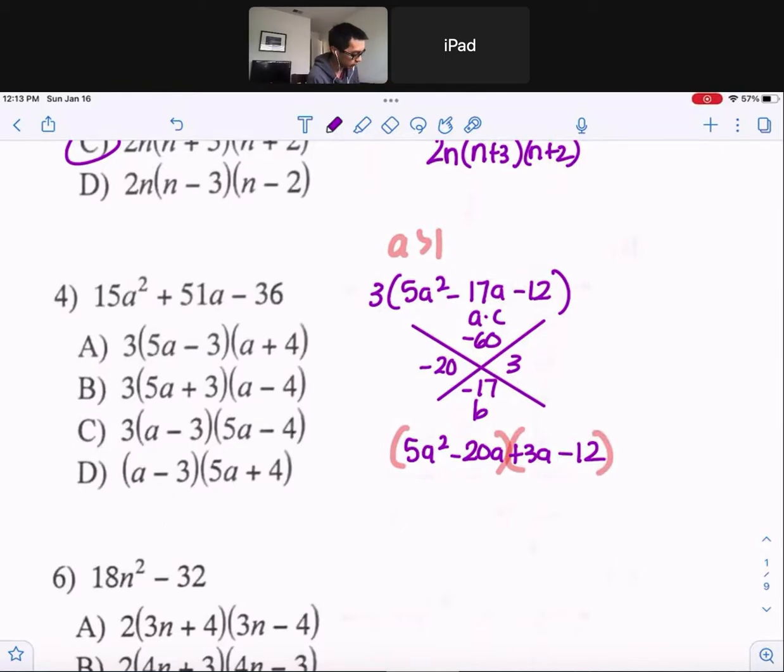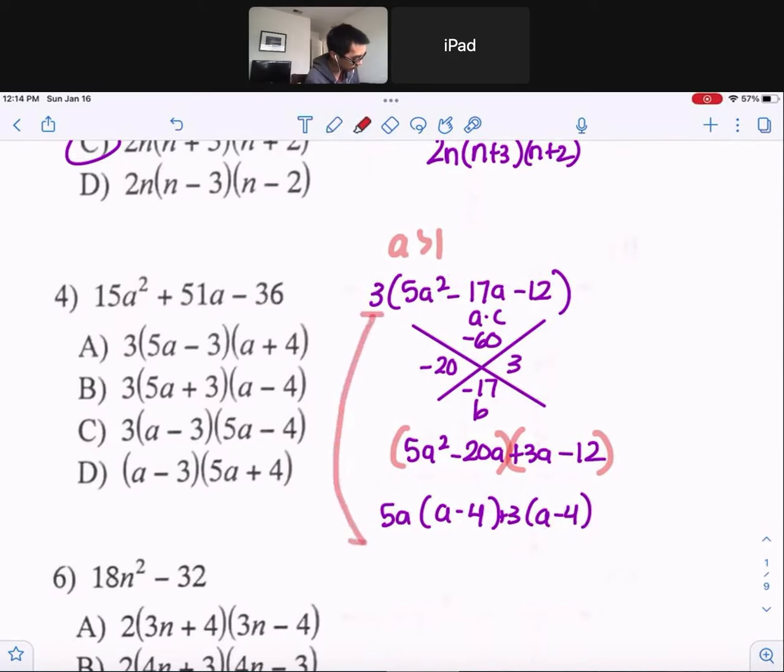So you factor out a 5a from here to get a minus 4, and factor out a 3 from there to get a minus 4. So remember to drop down the 3. So we get 3 times 5a plus 3 times a minus 4, which is going to be B.